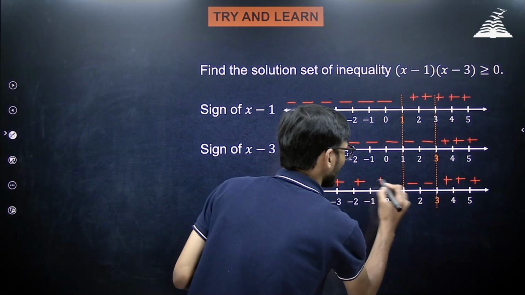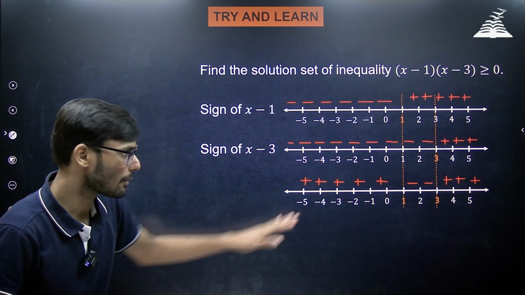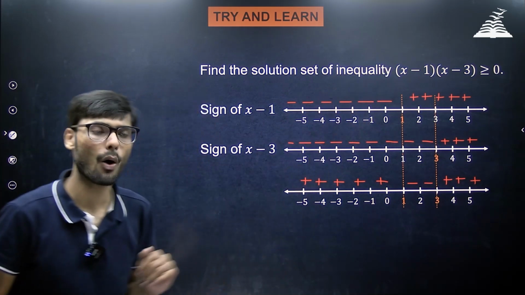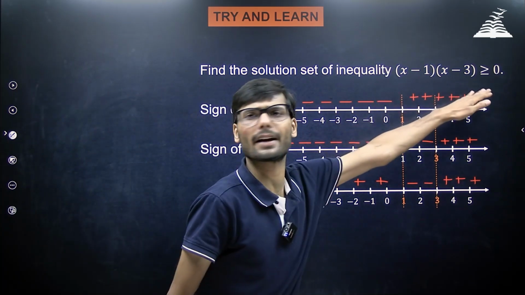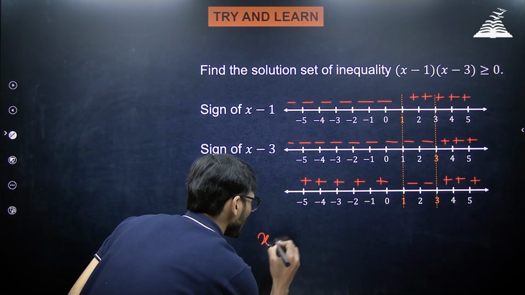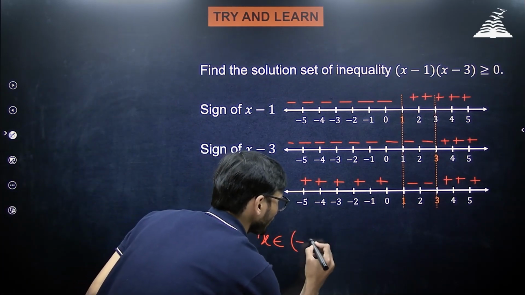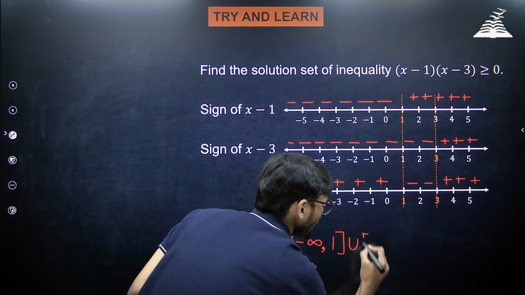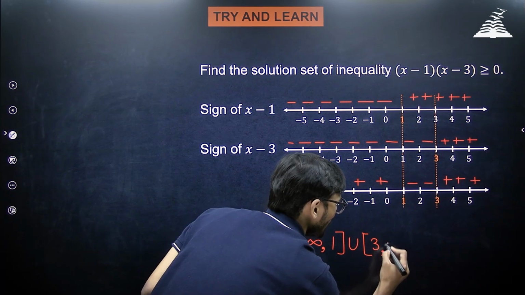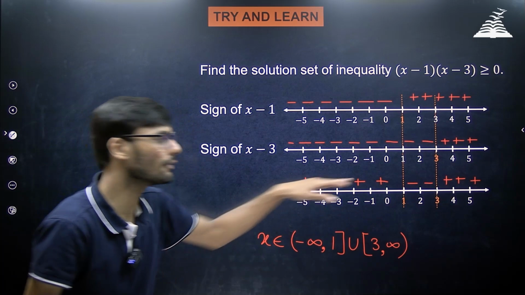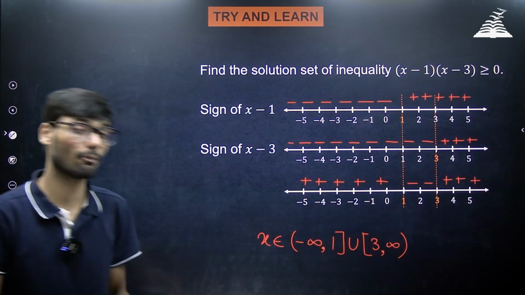So the one that is drawn at the bottom, that is the sign of x minus 1 into x minus 3. What do we want? We want it to be greater than or equal to 0, right? What will be our answer? Our answer will be that we can pick any x from minus infinity to 1 union 3 to infinity, right? Because as we can see, from minus infinity to 1 positive, 3 to infinity again positive.